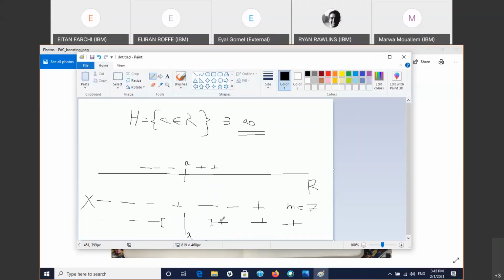Now, any such A is an ERM because it gives you the best result on the sample set, which is 0 mistakes, right?